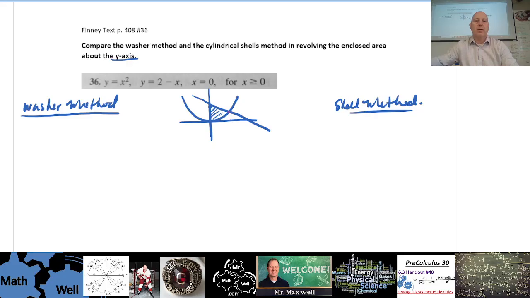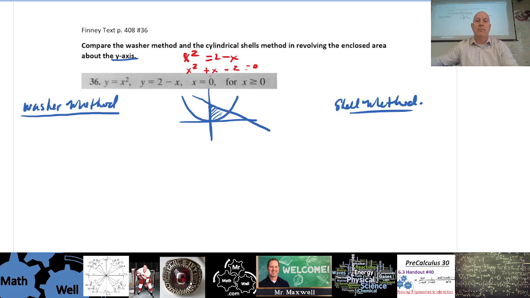So we have to find out where they intersect. We're not given that in the question. So x squared equals 2 minus x. Where does that intersect? x squared plus x minus 2.